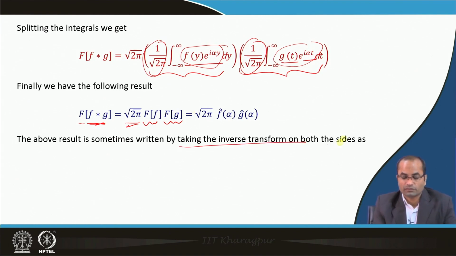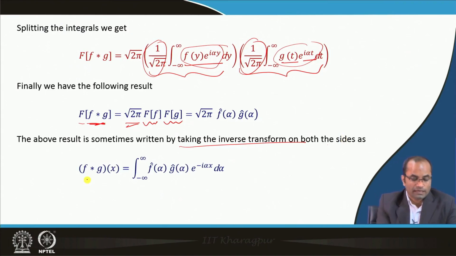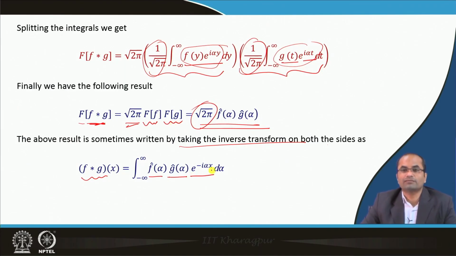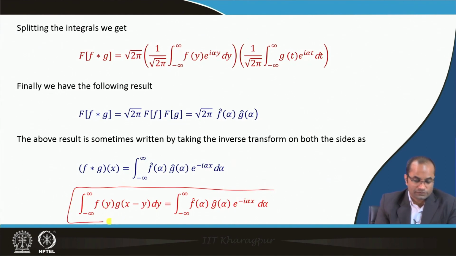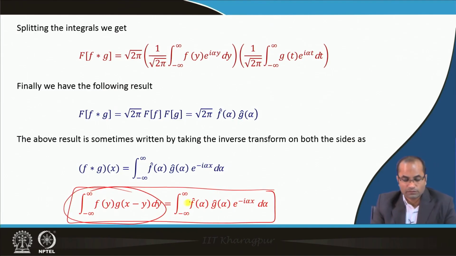Sometimes it is very useful, and we will realize in many applications, that if we take the inverse on both sides, we have the convolution product f star g, and then we take the inverse of f hat and g hat, where the 1 over square root 2 pi cancels out. So we have e to the power minus i alpha x, the definition of the inverse Fourier transform.